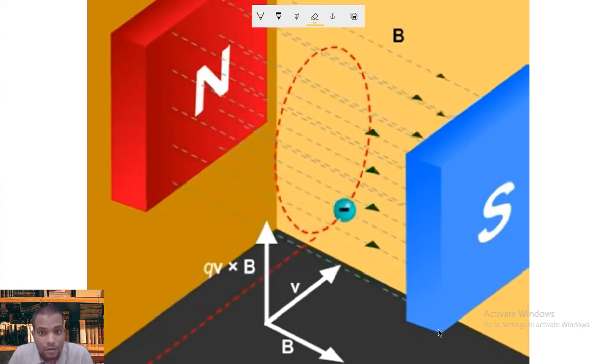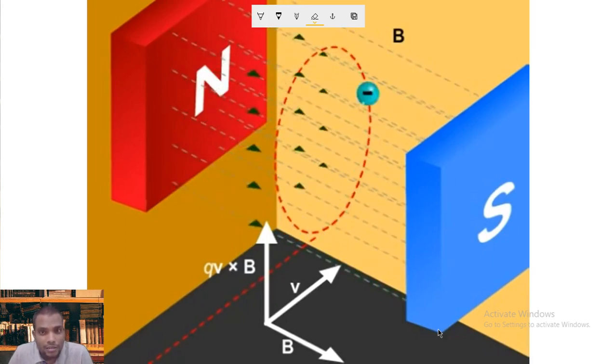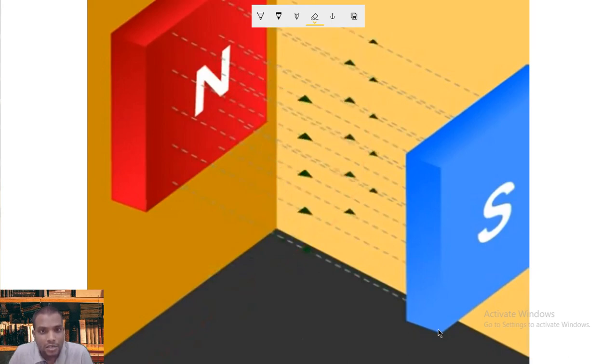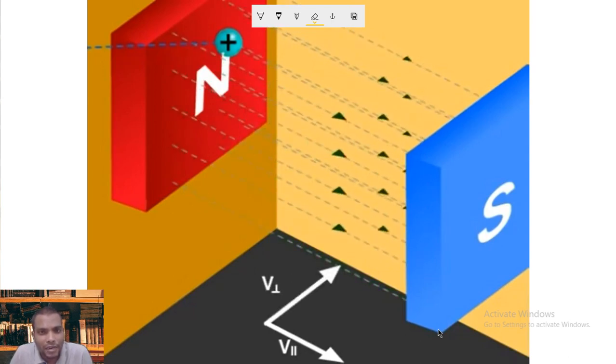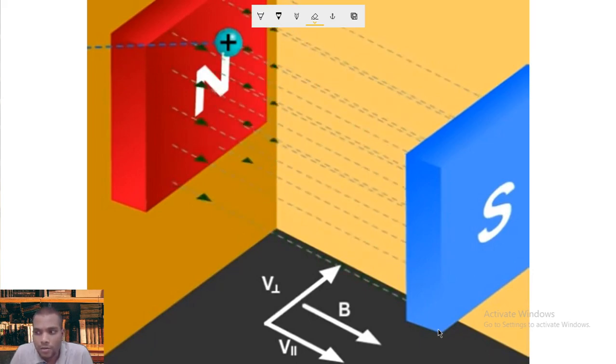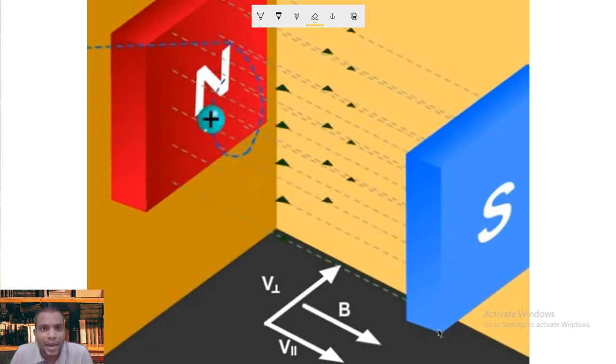And when the polarity of the charge is changed to positive and it enters the magnetic field, the interaction of the parallel component, here V sin theta, which we call the parallel component, with the magnetic field vector causes the positive charge to move in a spiral path.